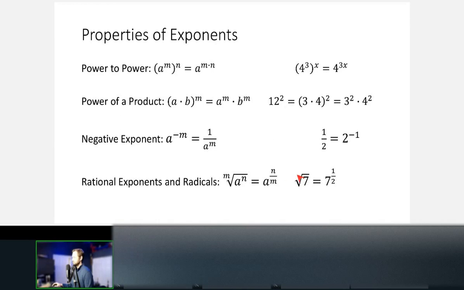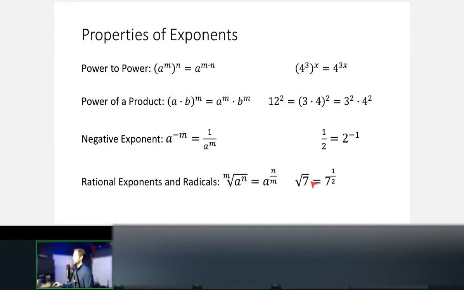So when it's not there, it's always a 2. But it could be like a 3 or a 4, like cube root, 4th root. So the m root of a to the n power is equal to, well, that index, you can stick it back inside as the denominator of the exponent. And that's why you see it a raised to the n over m power.